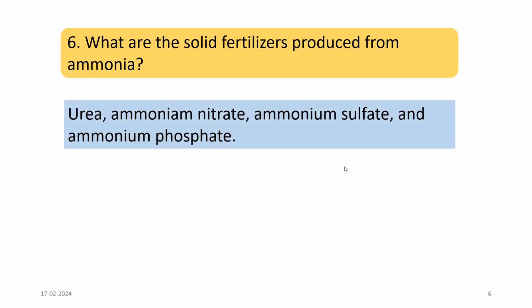So here the answer will be urea, ammonium nitrate, ammonium sulfate and ammonium phosphate. These are the solid fertilizers produced from ammonia.